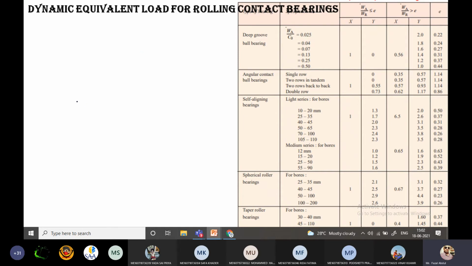Okay, now for this the equation I am writing here: W equals X into V WR plus Y into WA.